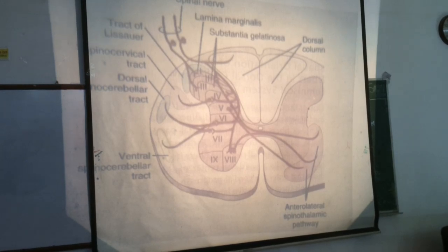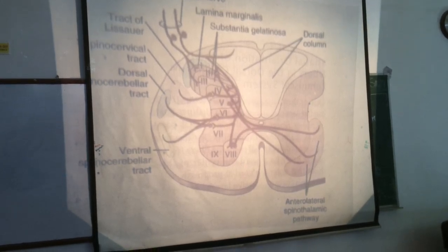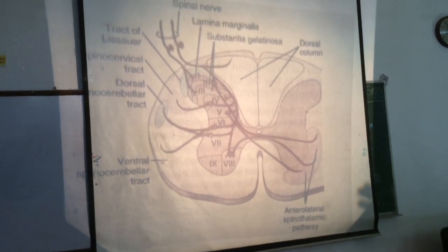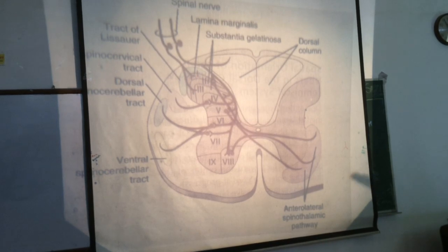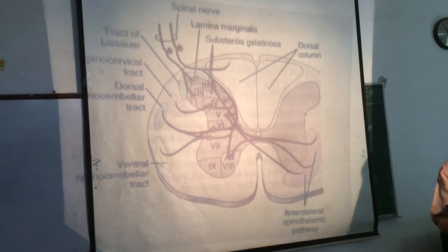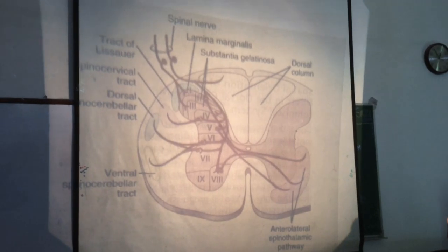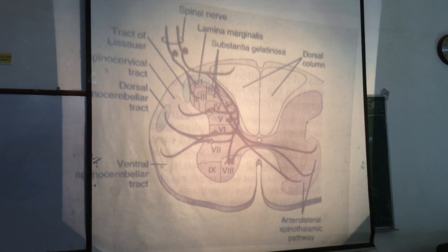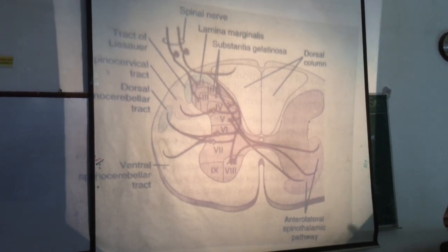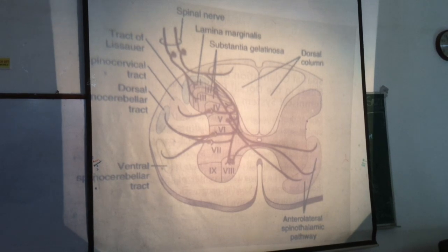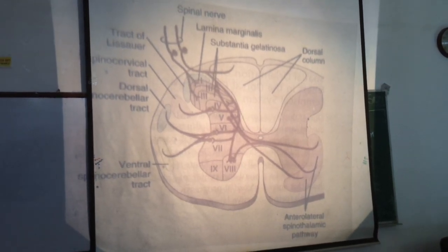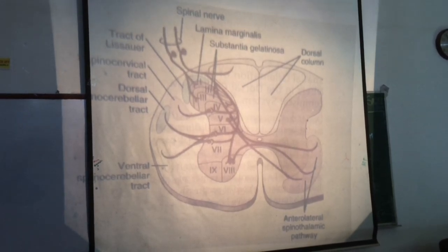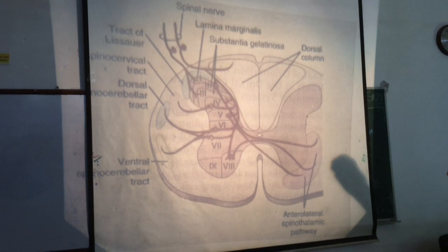The third group of neurons is Clark's column, or nucleus dorsalis. This group is present at the base of the posterior gray column. These receive impulses from proprioceptors.